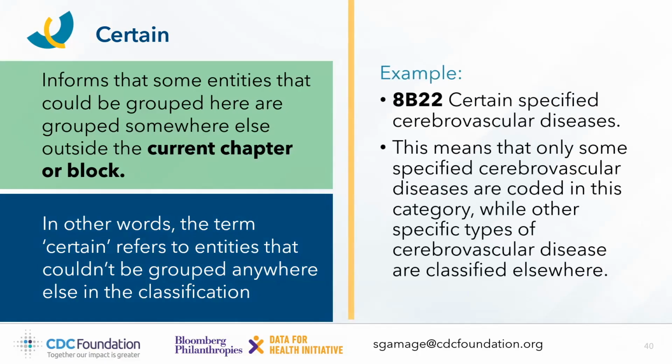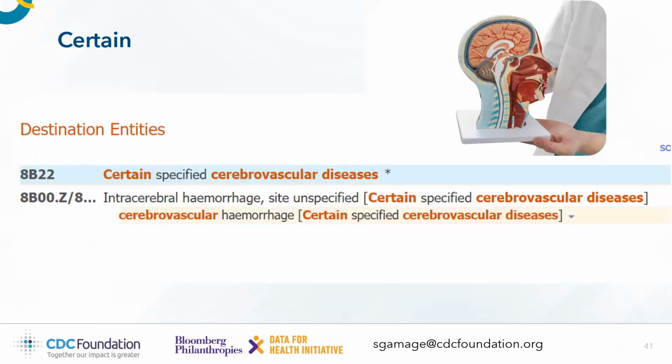Example, 8B22, certain specified cerebrovascular diseases. This means that only some specified cerebrovascular diseases are coded in this category, while other specific types of cerebrovascular diseases are classified elsewhere. So this is how it appears in the classification, 8B22, certain specified cerebrovascular diseases.